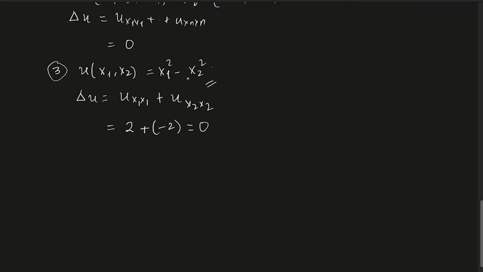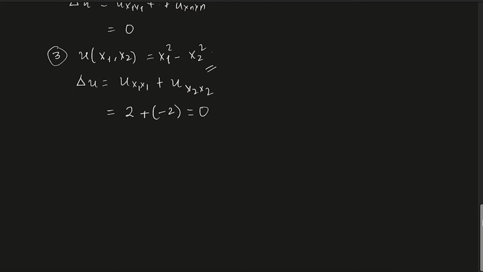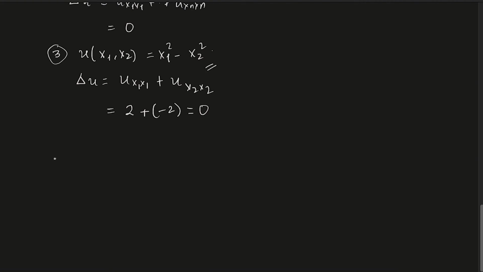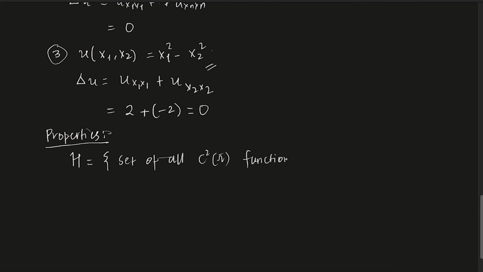So there will be other examples also, but these are more or less the basic examples of harmonic functions. Okay, before we move on, let us look at what is so special about harmonic functions. So first of all, properties. We define H to be the set of all C2 of omega bar functions such that Laplacian of u equals 0.